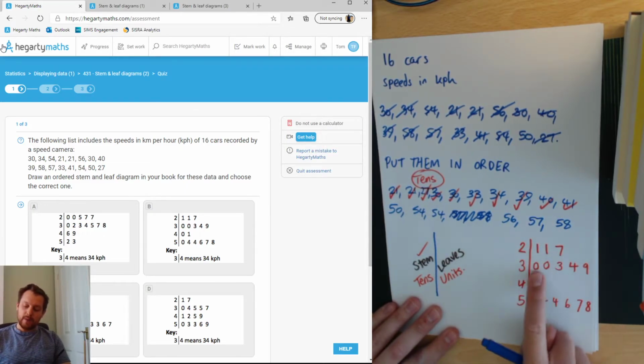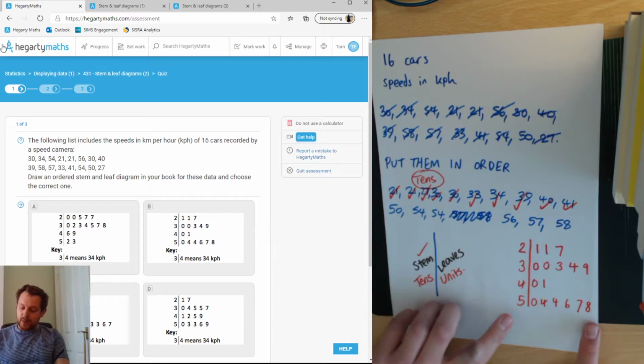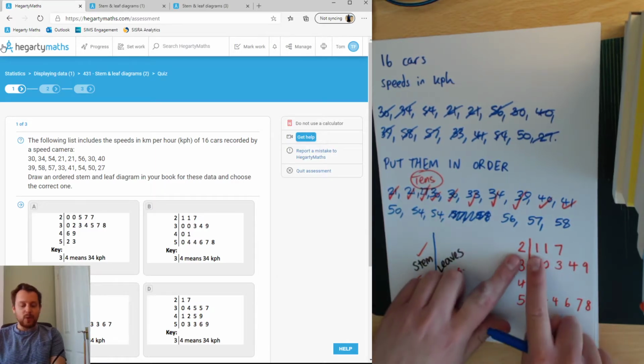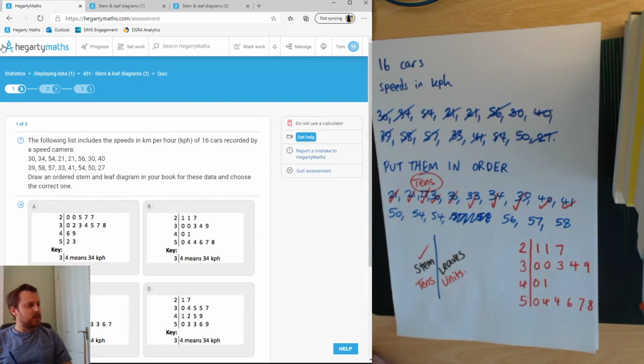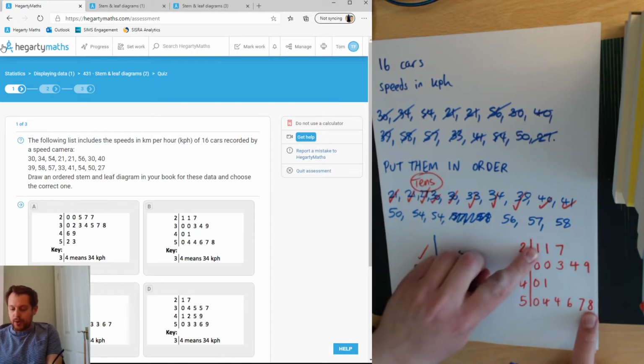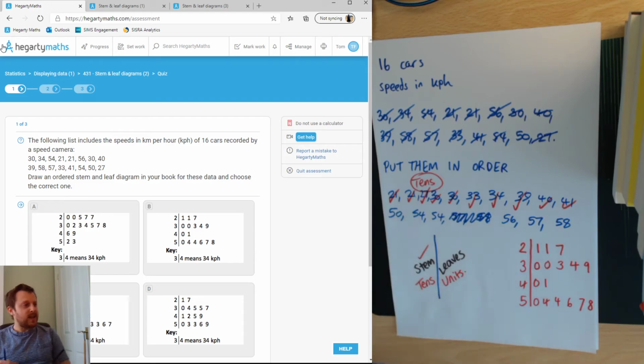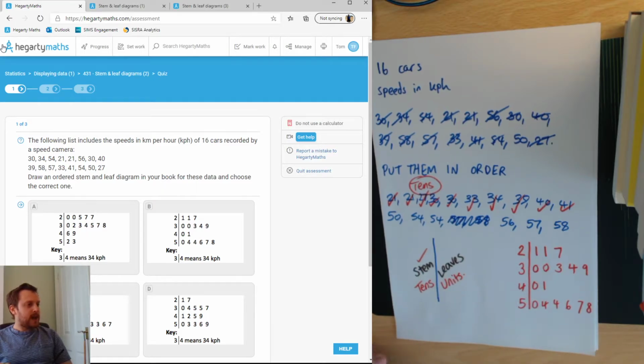There's 1, 2, 3, 4, 5, 6, 7, 8, 9, 10, 11, 12, 13, 14, 15, 16 numbers. The biggest one is 58. The smallest one is 21. I could work out the range. If I wanted to work out the median, I could just cross them off like this. And that's something that we'll do in one of the other tasks. But anyway, this is what a stem and leaf diagram looks like.